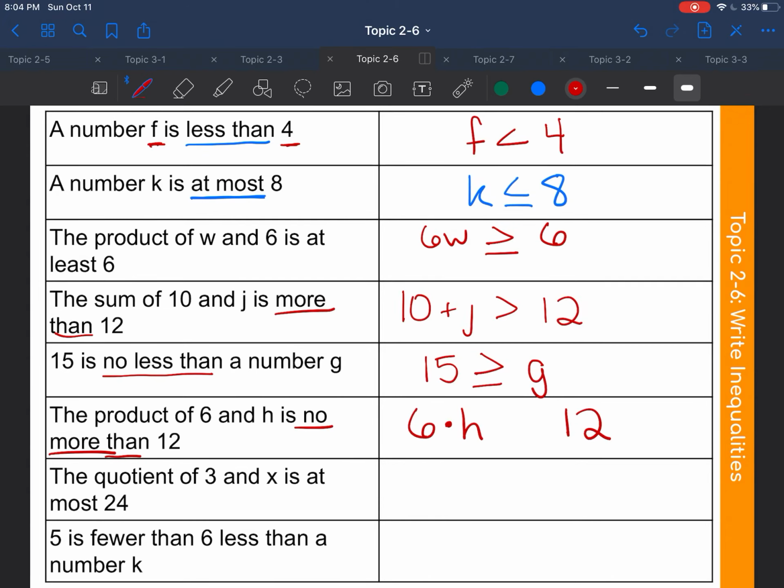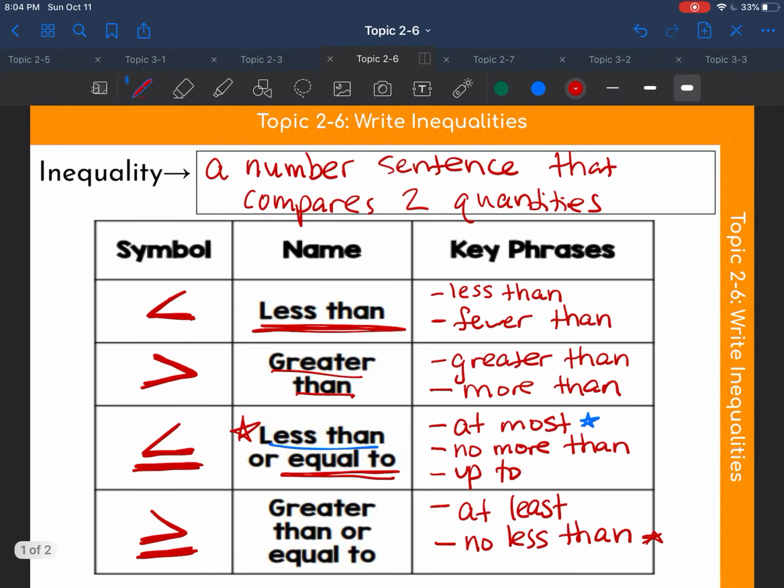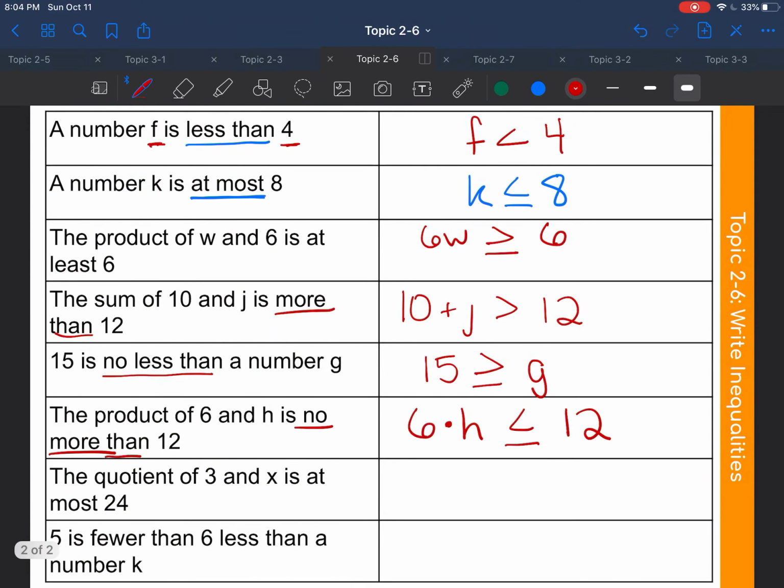So 6h can be no more than 12. So we know it can be 12. Can it be greater than 12? It cannot be. Can't be more than 12. So it has to be less than or equal to 12. And again, we can double check and see. No more than means less than or equal to.